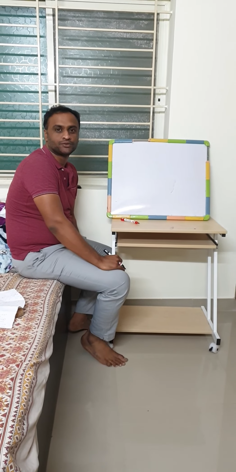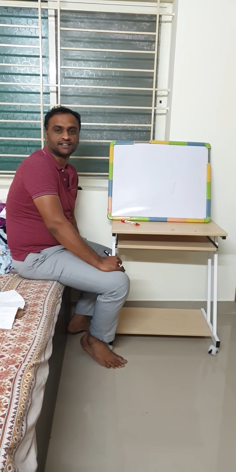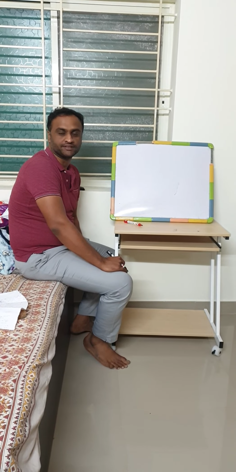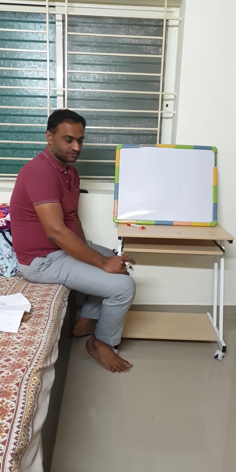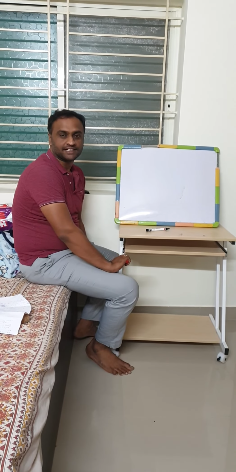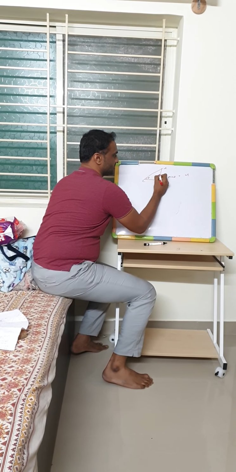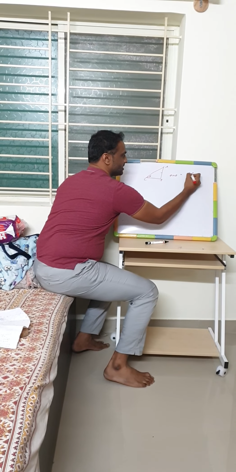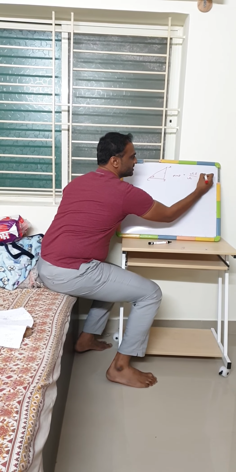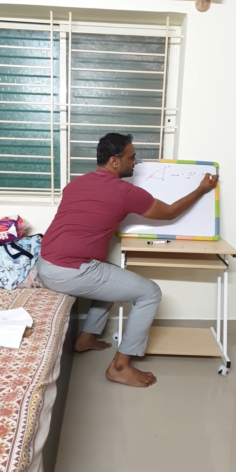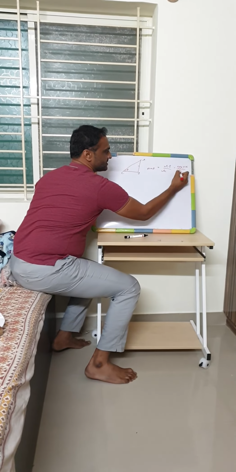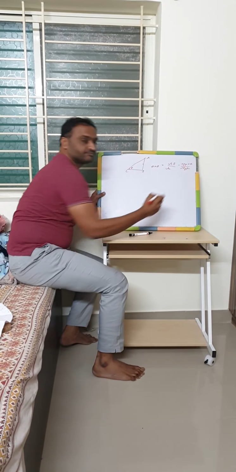Today we are going to look into the concept of sin theta and cos theta in the most intuitive way. Right now, most of us define sin theta based on a triangle. Sin theta is defined as the opposite side, AB, by the hypotenuse, AC.